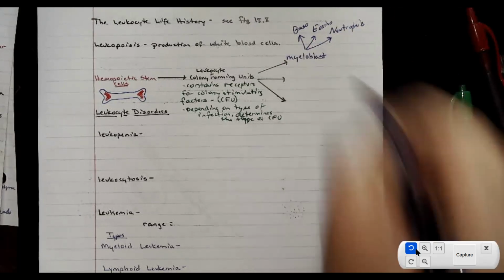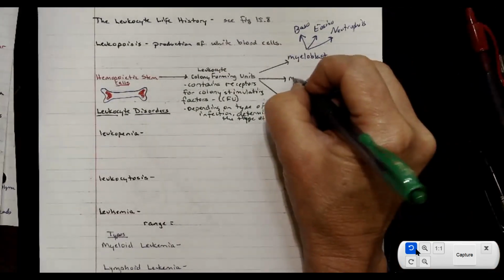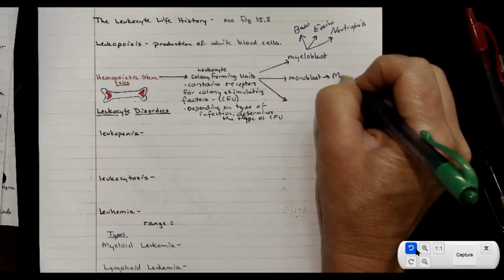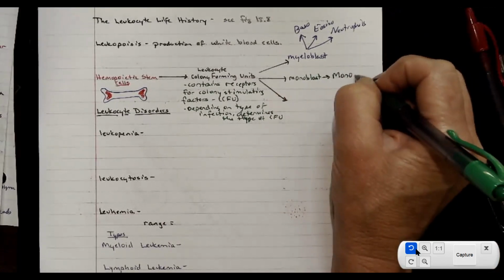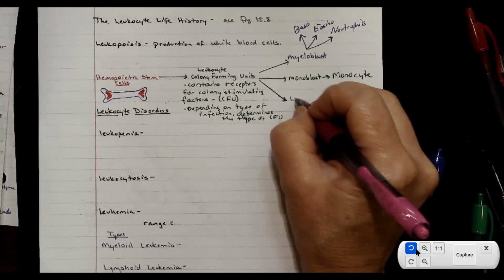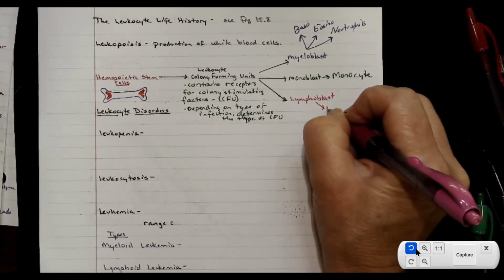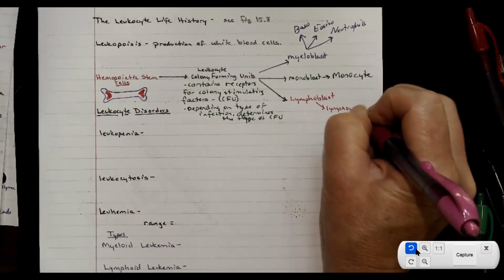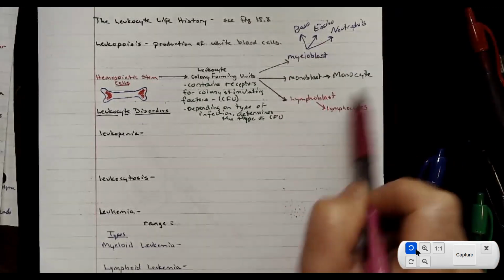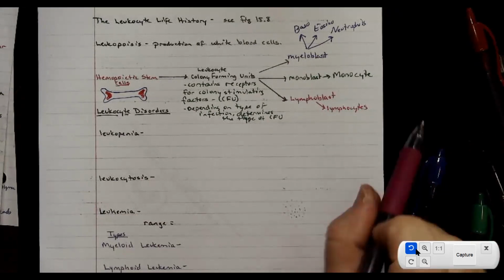You can get monoblast, and of course, these would give rise to monocytes. And the type of monocyte is a macrophage. And then we have lymphoblasts. And what do they give rise to? Lymphocytes. Okay, so those are the 5 types of white blood cells: BEN, monocytes, and lymphocytes. So that's just a very short version of how they are produced.